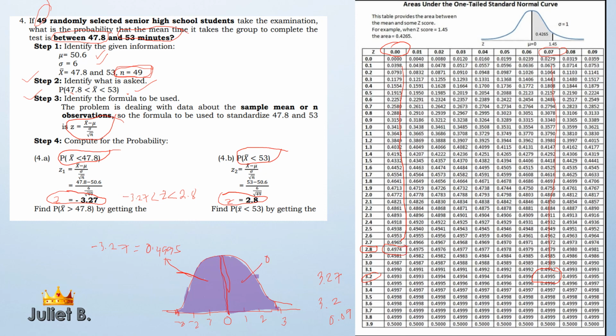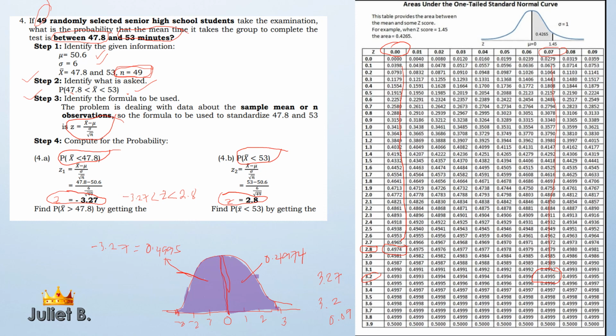So to find the total probability, since this side is 0.4995 and this side is 0.4974, what we're going to do is just add these two.